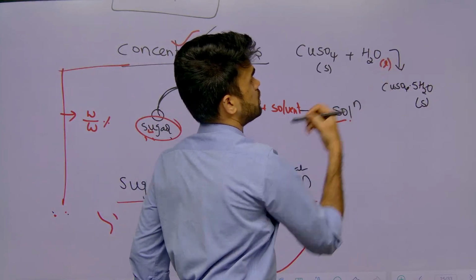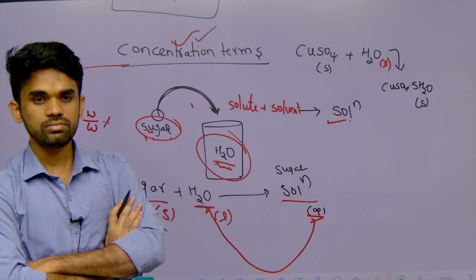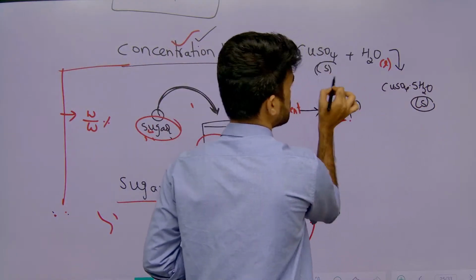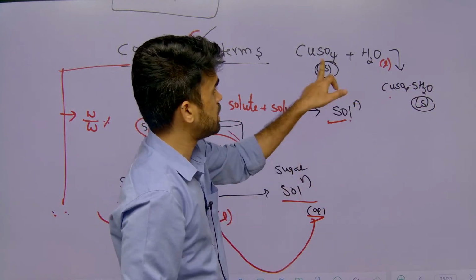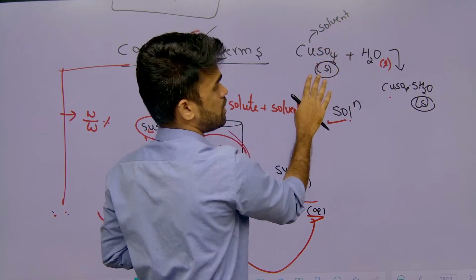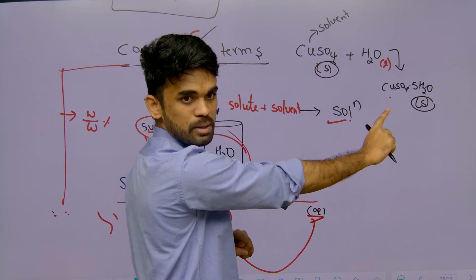Liquid, this one. Yeah, tell me. Identify solute and solvent. So what I told, just look at the physical states. The one whose physical state is the same is considered the solvent. The physical state of the solvent is the same as the solution. This is the main important point.